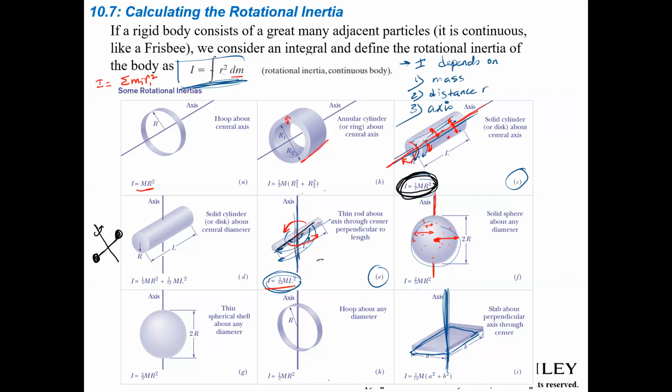In figure D, I have a solid cylinder about its central diameter. And this one, I have a thin rod. Oh, yeah, there's a plus sign for sure.